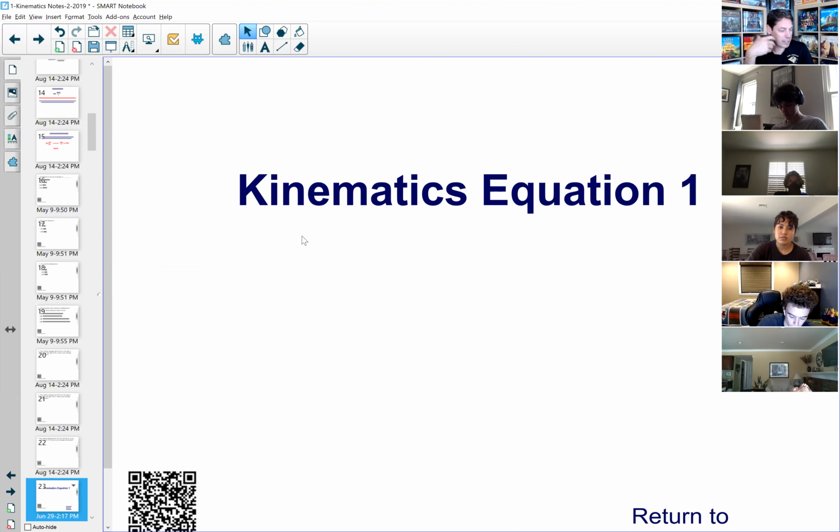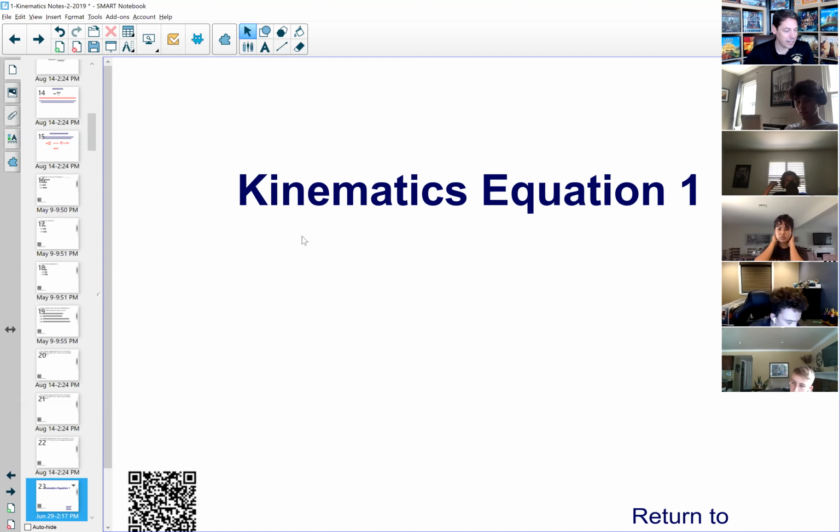These equations aren't really defined as 1, 2, 3, and 4. I just number them based on the order that we learn them, which is the same order that they're given on the AP formula list. So when I say use the first equation, it's not because it's technically called that in textbooks. It's just the first one you usually learn, and the first one on the AP formula chart.